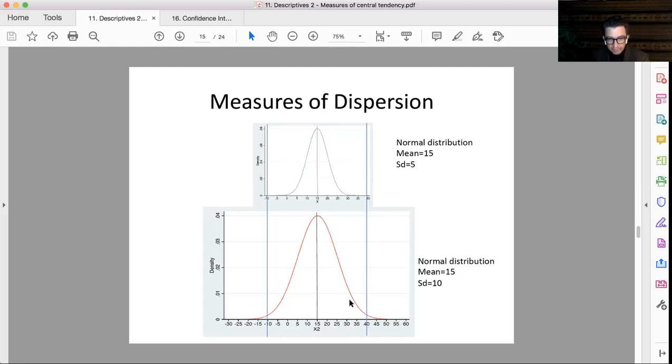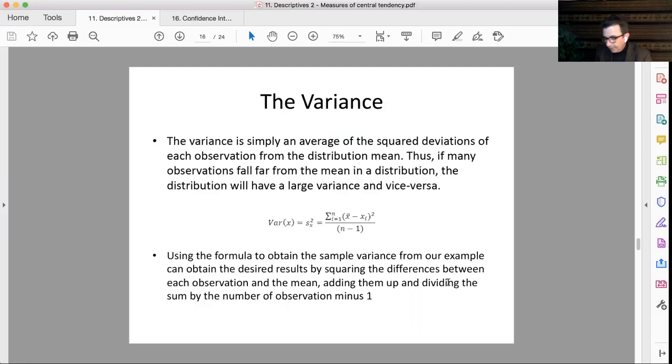And on this one, observations are falling a little further away from 15. See, 35 is here, a lot more are falling above 40 or below -10. And this one has a bigger standard deviation. So these measures of dispersion tell us how far the numbers in the distribution are falling from the mean.